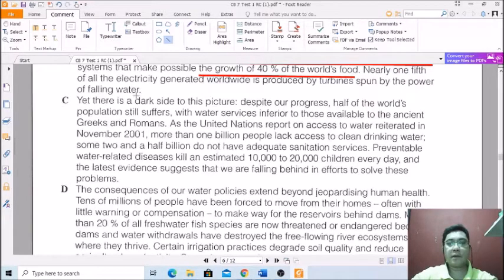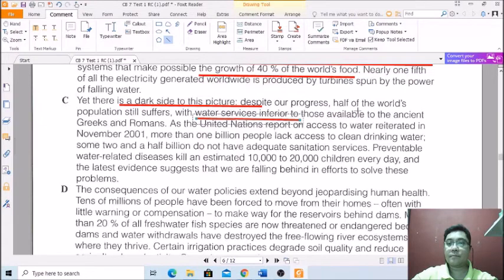Okay, in here we talk about the dark side of the picture, in which the water services, at the moment, are called inferior, and half of the world's population still suffer with water services inferior compared to the one in Greek and Romans.